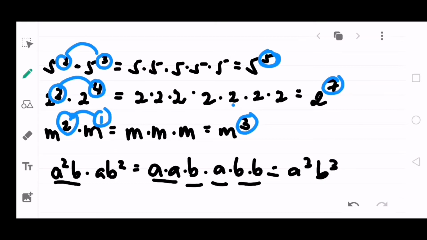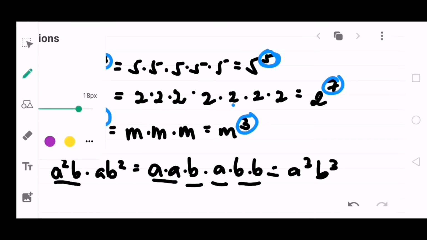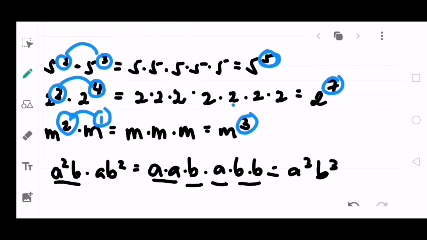Now, let's see if our idea of adding the exponents is true for this example. In the given, a is raised to 2 here, and the other one, it's raised to 1. Now, 2 plus 1 is 3. For b, the powers are 1 and 2, and the sum of 1 and 2 is also 3.